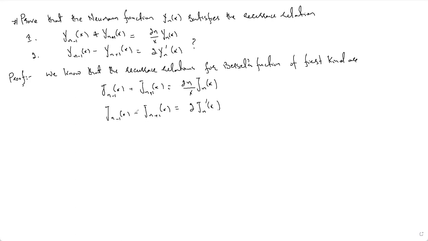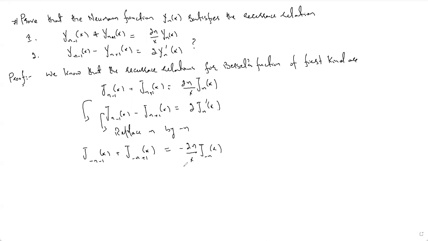Now what I will do is replace n by minus n in this equation and also in this equation. So when you replace n by minus n, this equation will be J minus n minus 1 of x plus J minus n plus 1 of x equal to minus 2n by x J minus n of x.